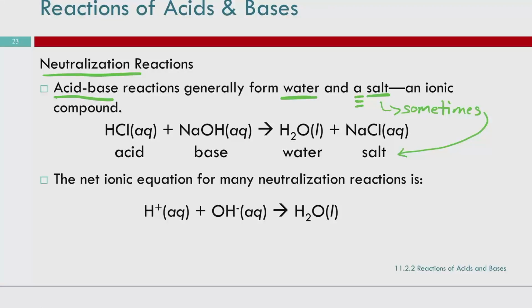So our acid-base neutralization reactions are going to have an acid, they're going to have a base, and those react to form the H and the OH part go on to form the H2O, and then the rest of the thing also goes together. The Na plus and the Cl minus also go together. It's also sort of a double displacement reaction, because notice we're taking the blue parts and we're pairing them up, we're taking the red parts and we're pairing them up.